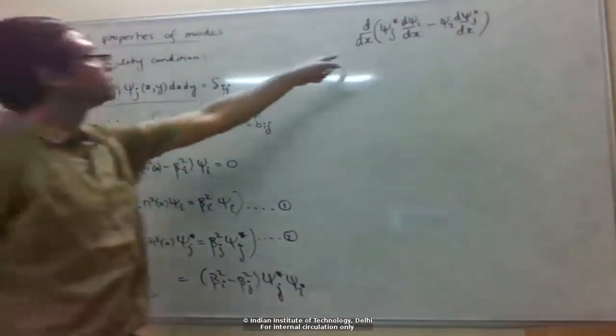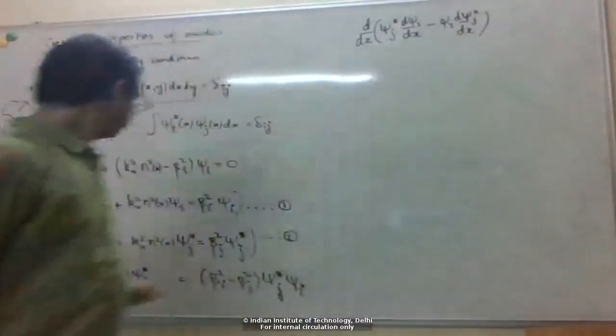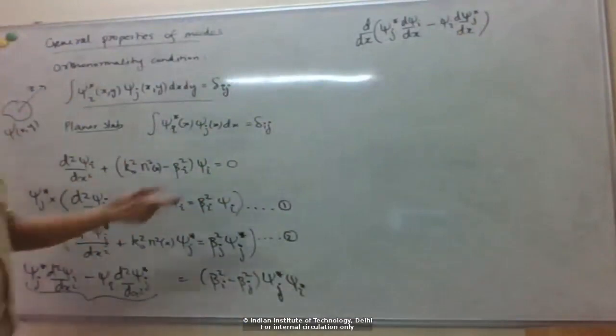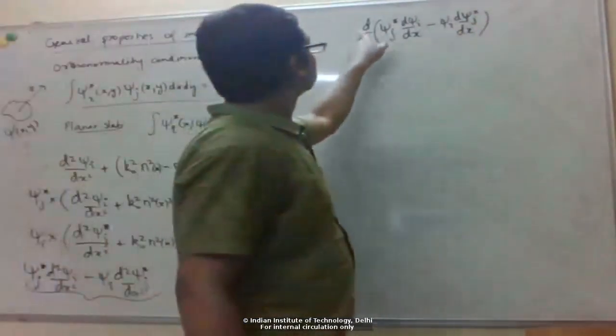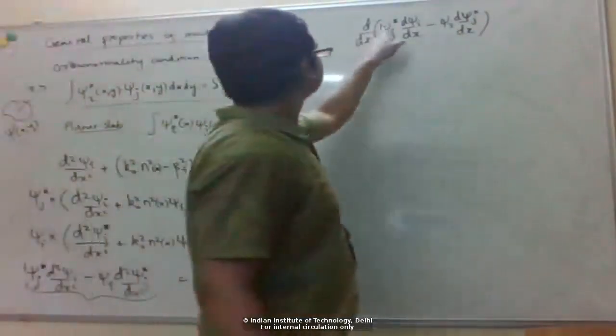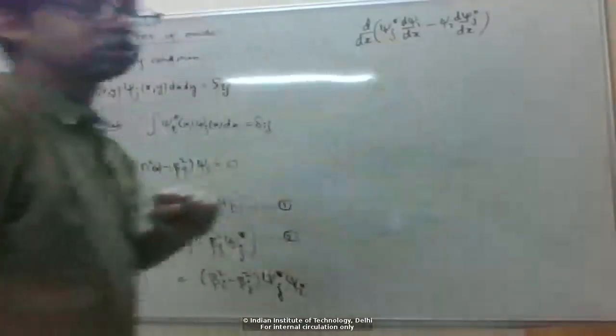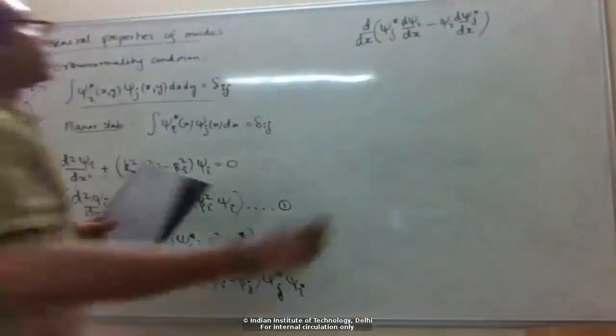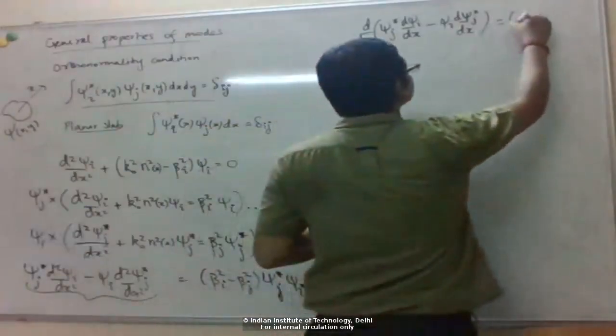So you can see, just check, this is basically just equal to that. The double derivatives survive and then the cross terms with single derivatives cancel out. Okay. And then on the right hand side we have the same thing.